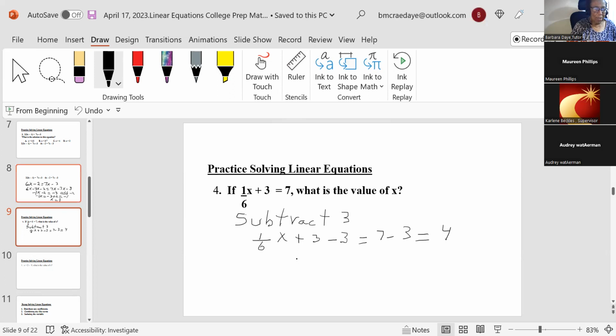So then you rewrite it, 1/6x equals 4. And then Audrey, what's your next step? You want x by itself. What do you do? That's a division. So what do you do, Audrey?